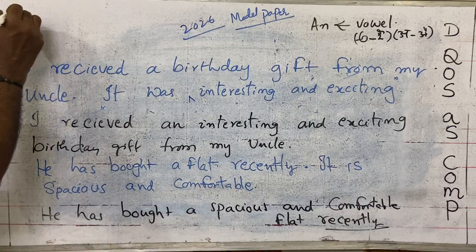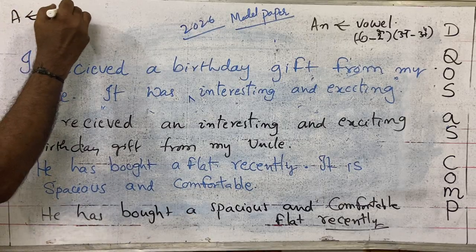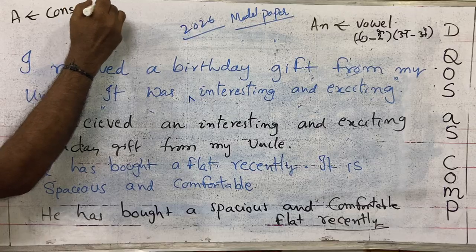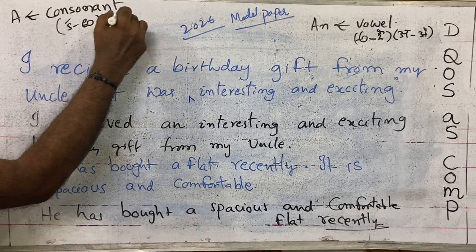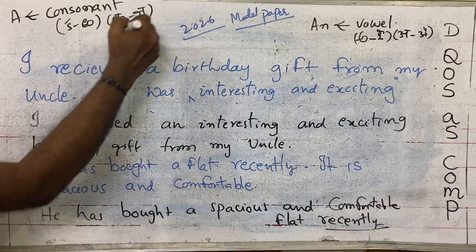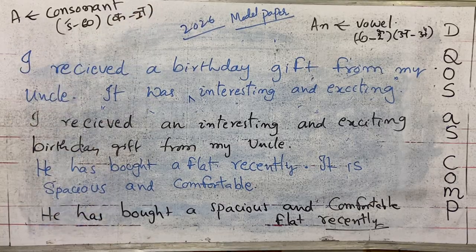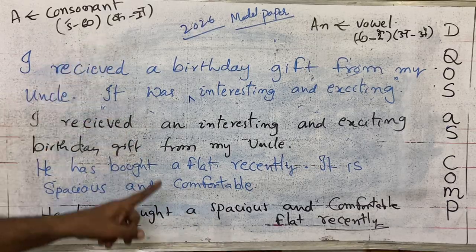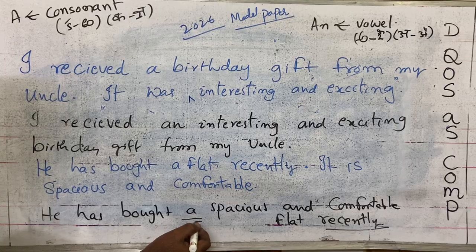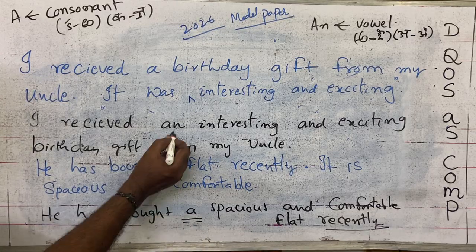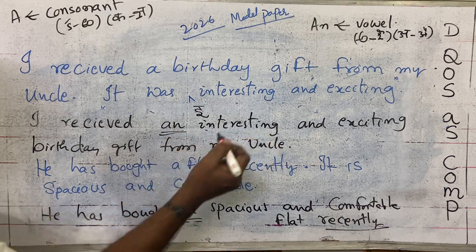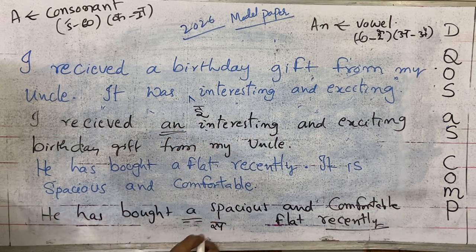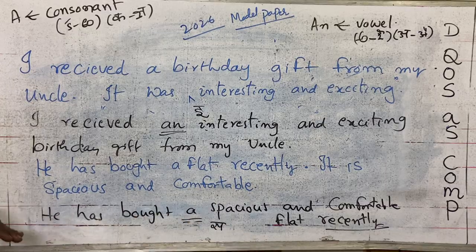Because 'a' is written before consonant sounds. What are the consonants? The sounds from ka to kshatragya. Before the sa sound you write 'a'. It's very important because the determiner here takes 'an' because the sound is E, in 'interesting', and here the sound is sa, 'a spacious'. So that's why it is taken like that.